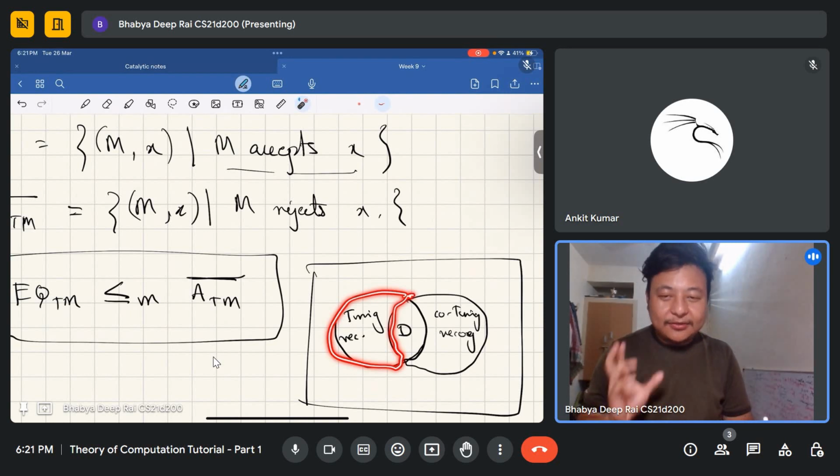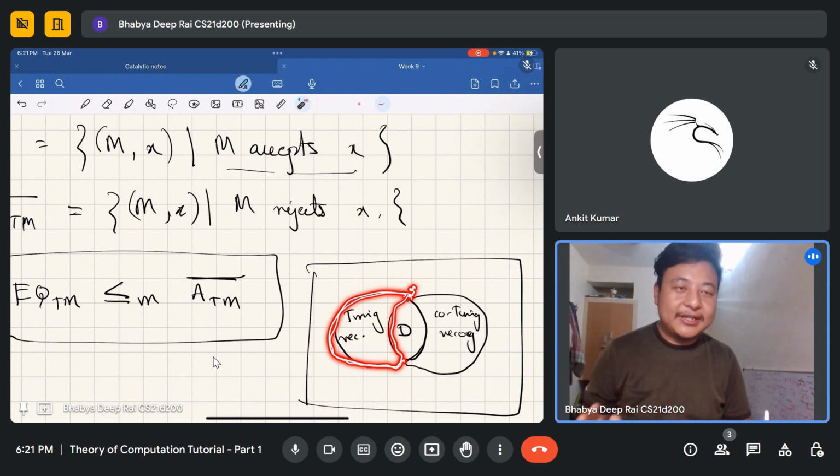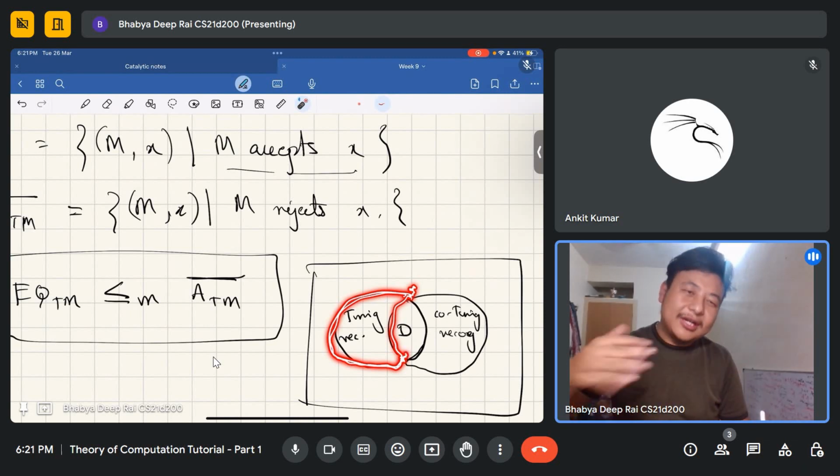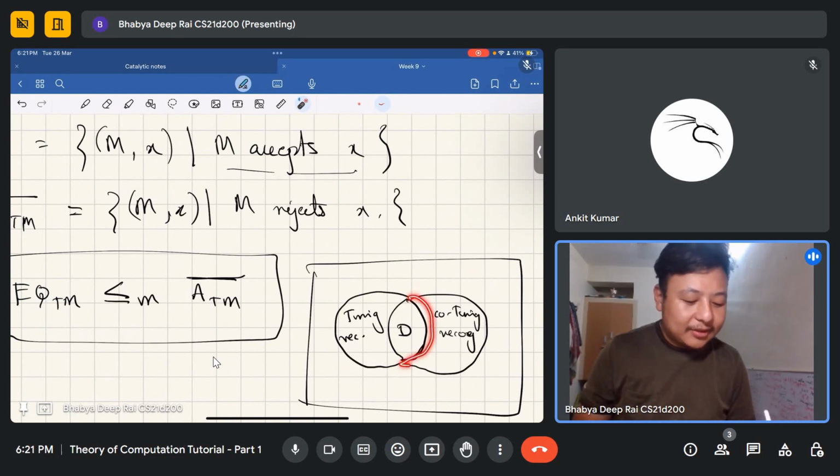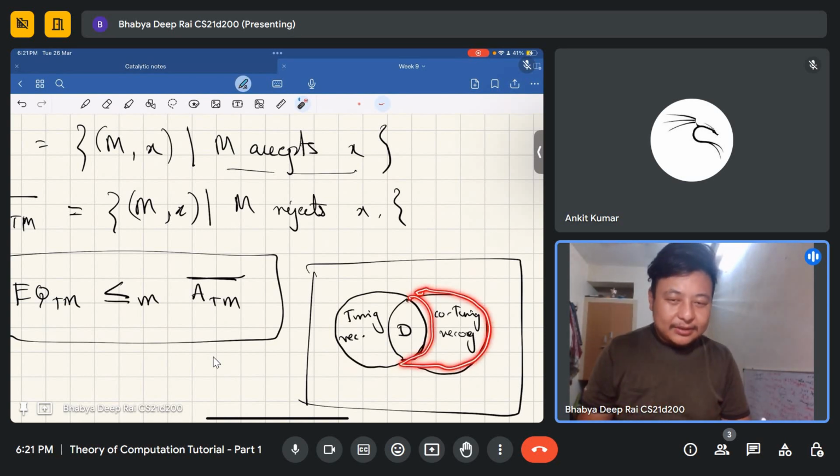Turing recognizable languages are those which have a Turing machine that recognizes the language, which means if an input belongs to the language, the Turing machine will definitely say yes. But if it does not belong, the Turing machine may say no, or it may loop and never halt. Co-Turing recognizable languages are those which have Turing machines that will always say no if the input does not belong to the language. But on a yes instance, it may say yes, or it may loop.